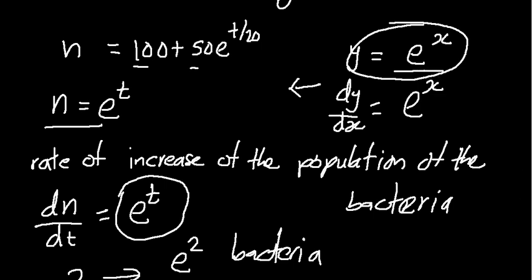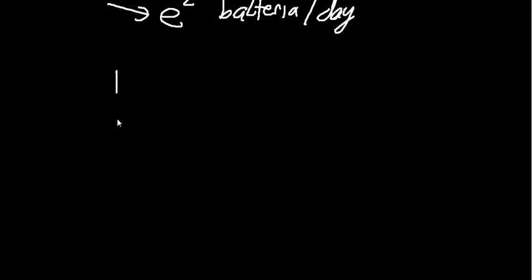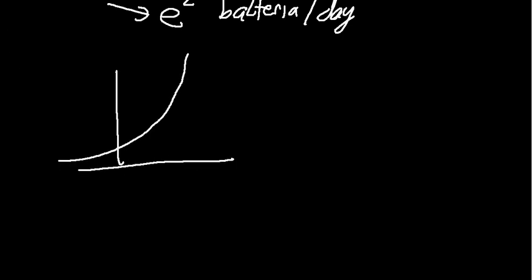So if I were to sketch that, on any given point on this graph, the gradient of this line is equal to the y coordinate.